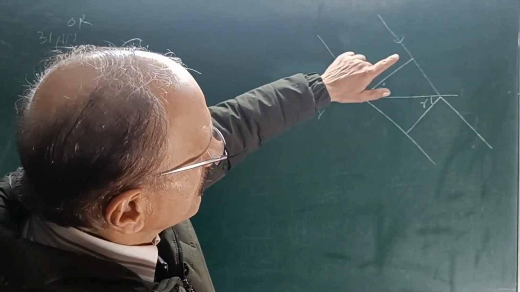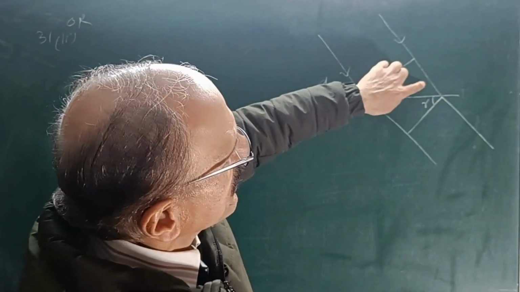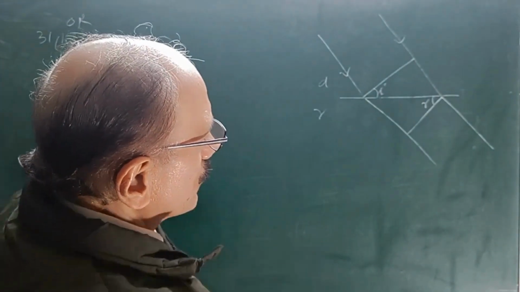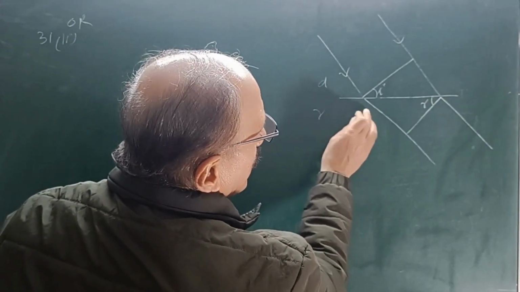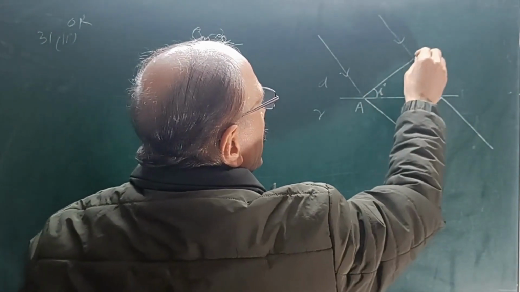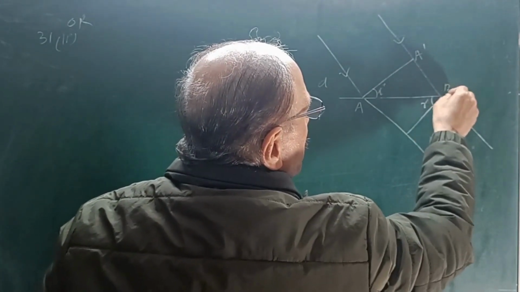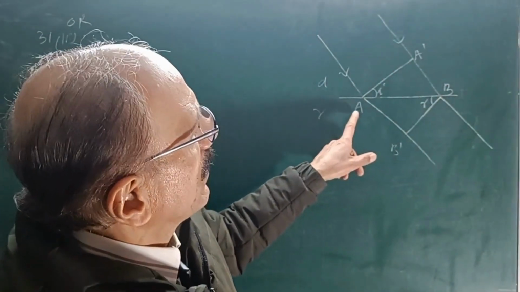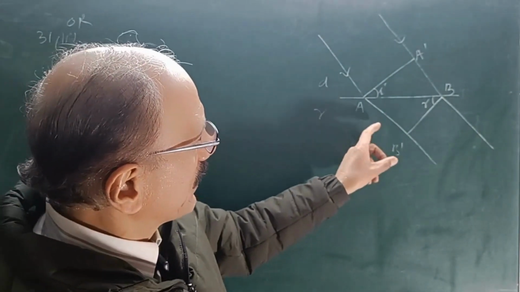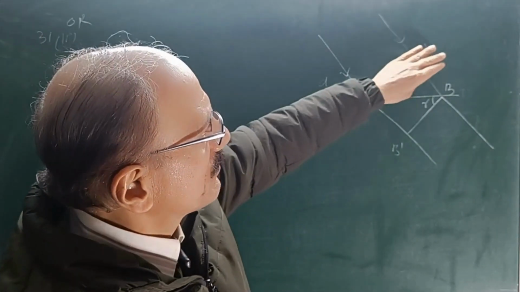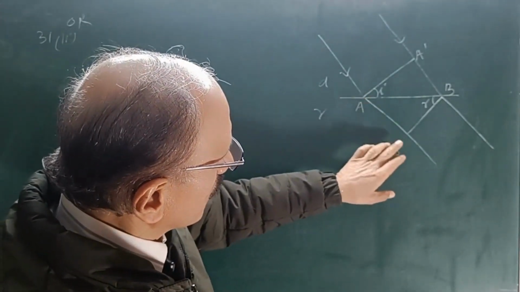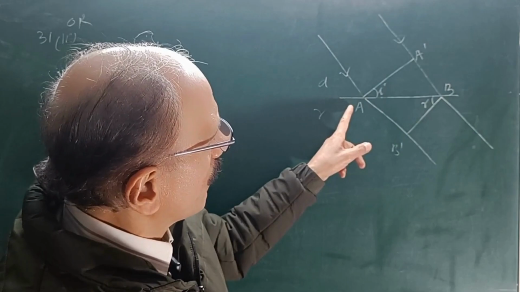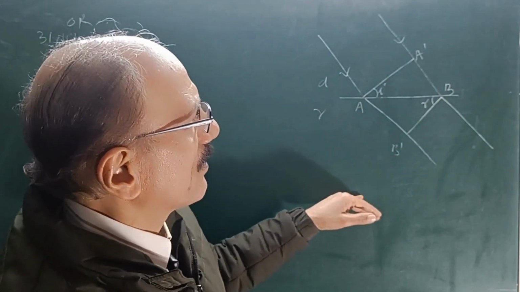Since this is a denser medium, it will travel a less distance in the same time as in the rarer medium. So the distance traveled in the same time in rarer medium will be large. So if it is A, wavefront A dash, and this is B dash, then A dash B will always be less than AB dash, because here the speed will be high, here the speed will be low, but the time taken from reaching A dash to B will be same as from reaching A to B dash in the rarer medium.